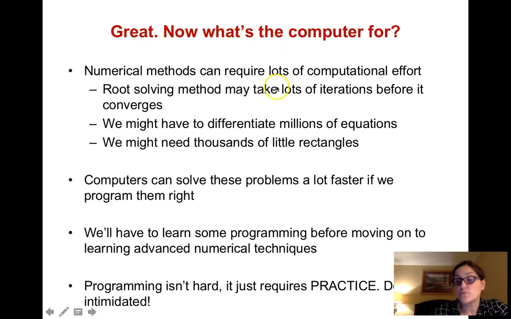You might need to repeat something a million times. For a computer, that's not a problem. So computers solve things faster. They have some error, but they make error rather consistently, so we can have some idea of what the size of the error is. With humans, that's not necessarily so. More human errors appear than when computers compute.